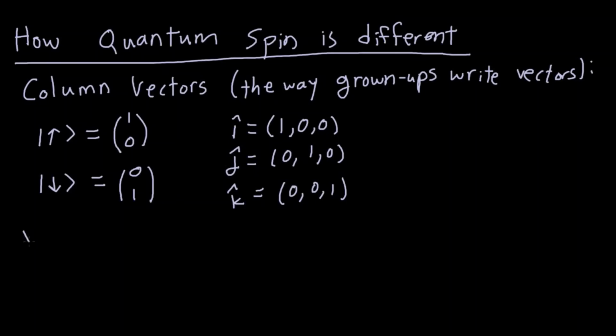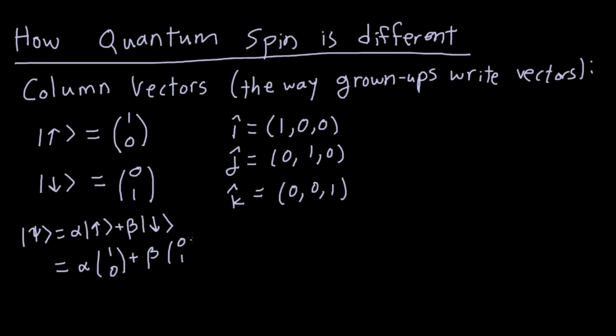So just to really hammer it home, if we were to write psi equals alpha spin up plus beta spin down, that would be equal to alpha times the spin-up vector, a 1 on top of a 0, plus beta times the vector with a 0 on top of a 1, and that's just equal to the vector with an alpha on top of a beta, which is in C2.